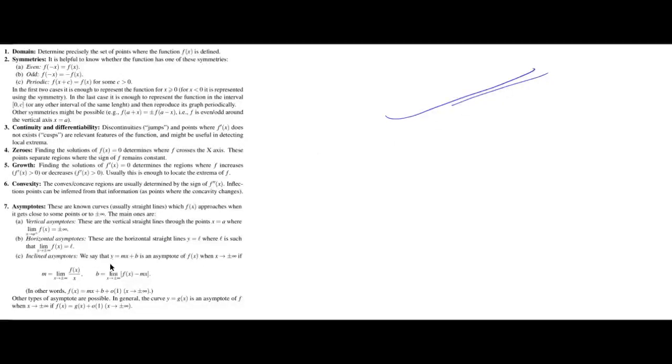So you say that y equals mx plus b is an asymptote of f when the limit when x goes to plus or minus infinity of f divided by x is a constant m. That means that f divided by mx tends to 1, right?